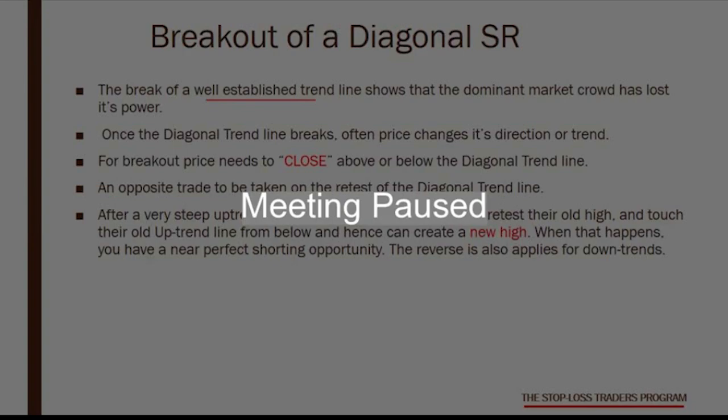A weekly SR may give a reaction for a couple of weeks. Is this clear, friends? Similarly, a 60 minutes SR will give a reaction for a couple of hours. A 5-minute SR may give a reaction for a couple of minutes. Okay, so is this clear, friends?